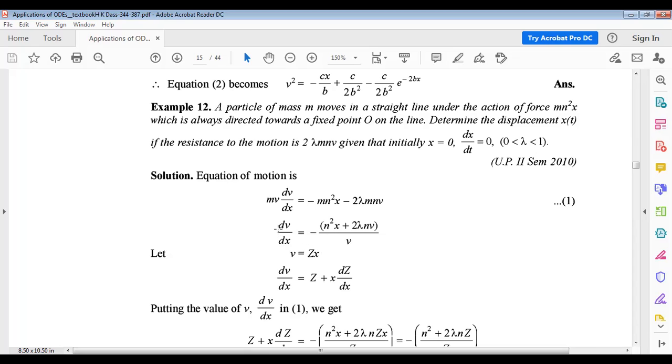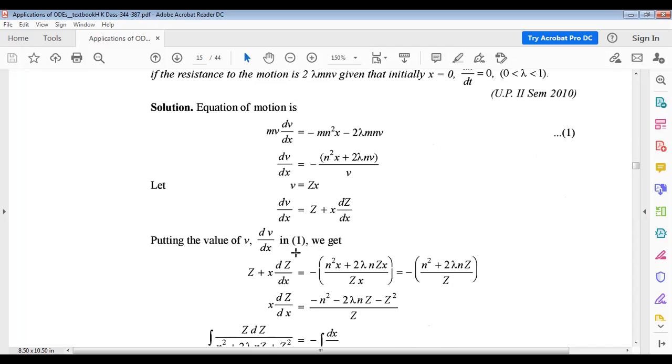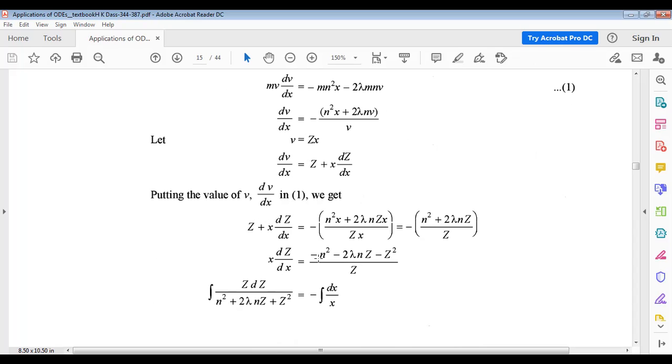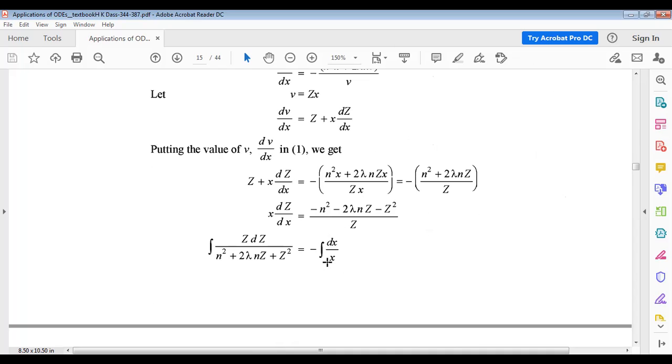This is actually a homogeneous linear differential equation. So taking v equals zx, we get this one, which is the linear one. Now putting the value of v and dv/dx in equation 1, we get this whole expression x z dz by dx.